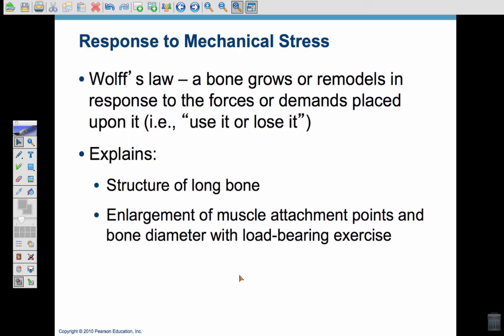It actually helps to explain how different kinds of attachment points can in fact be expanded or strengthened as a result of different kinds of exercise.